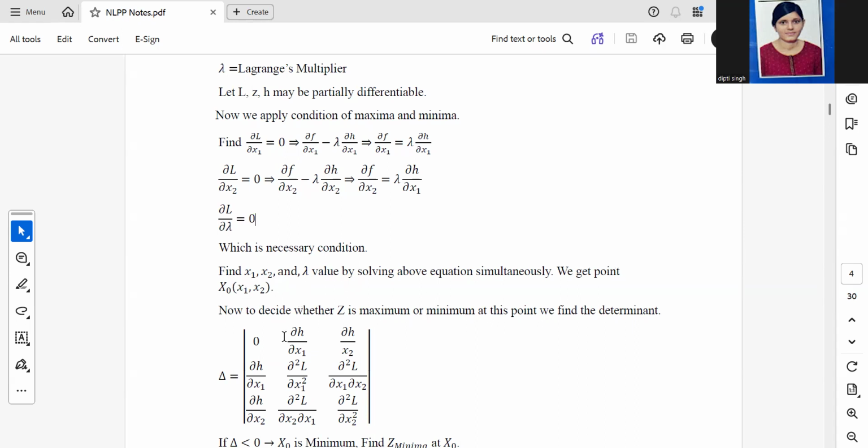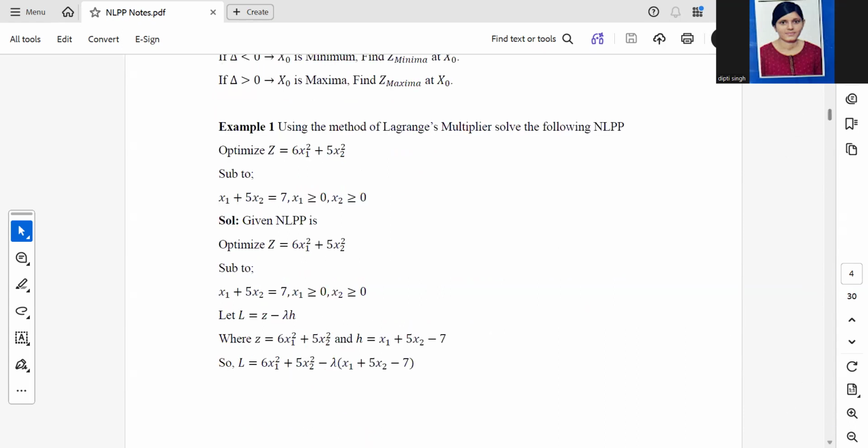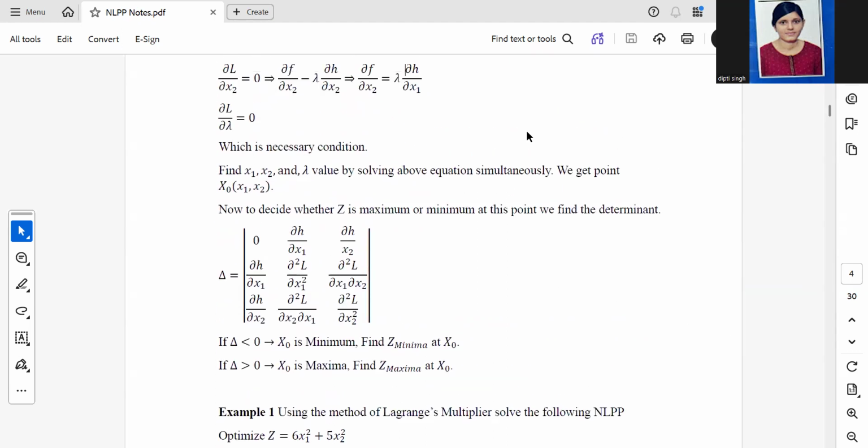Now to decide whether z is maximum or minimum at this point, we find the determinant like this: 0, del h over del x1, del h over del x2, and so on.